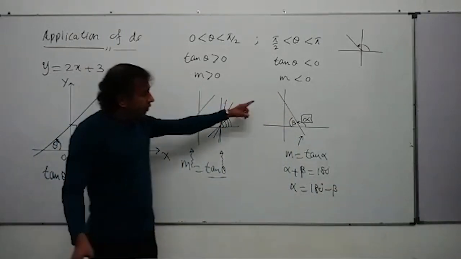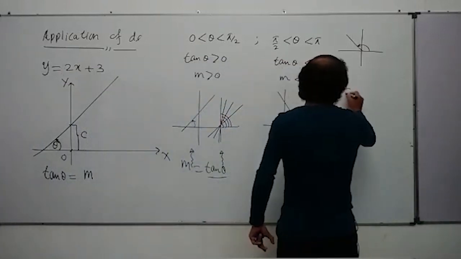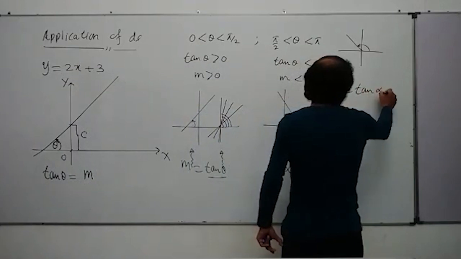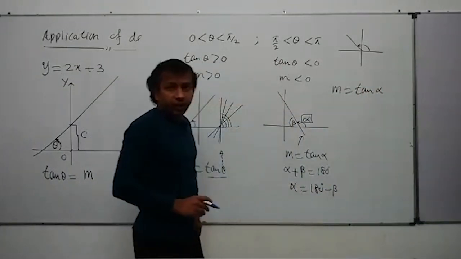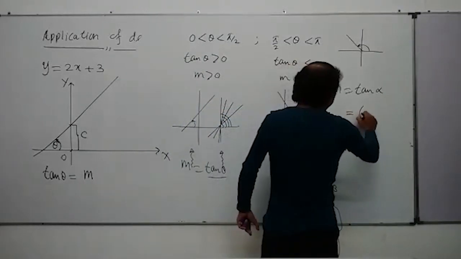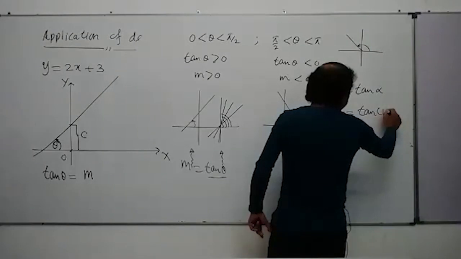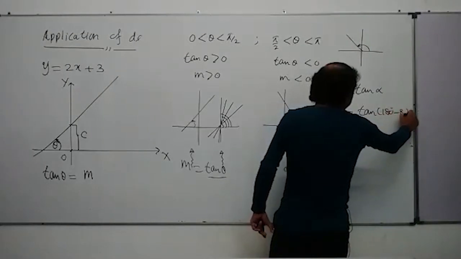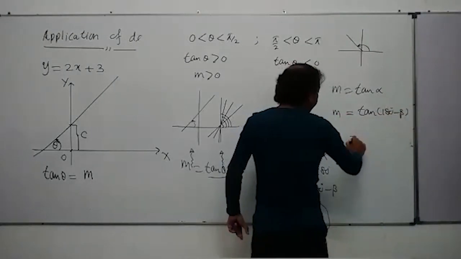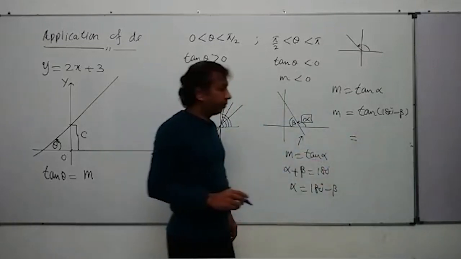Then the gradient of this line is tan alpha. M equals tan alpha. But alpha is 180 minus beta. But you know, people, tan of 180 minus beta is minus tan beta.